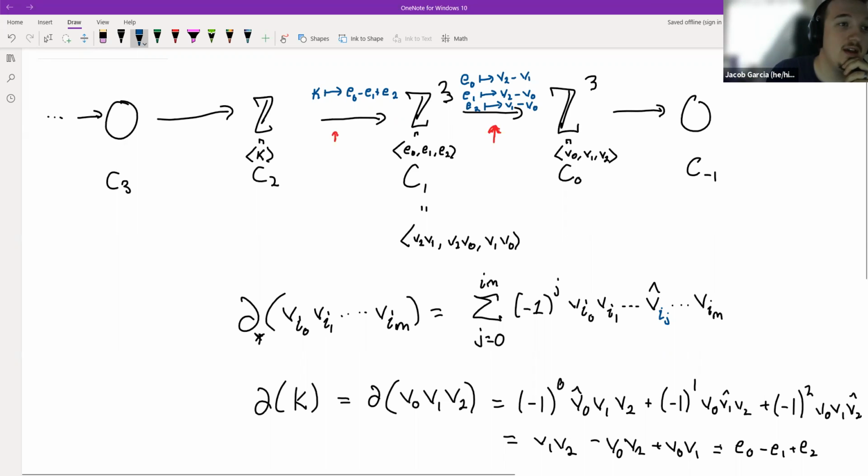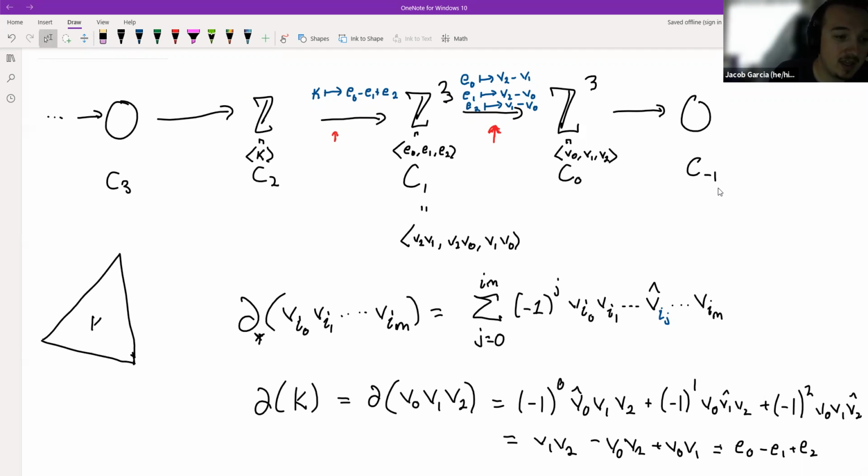Cool. So even though I just said that this is a boundary thing and I gave a purely algebraic way to compute the boundary, which is quite nice, there's also, if I draw a picture, V0, V1, V2.